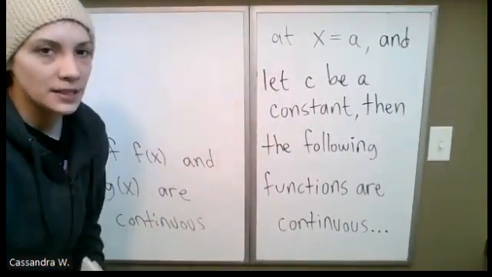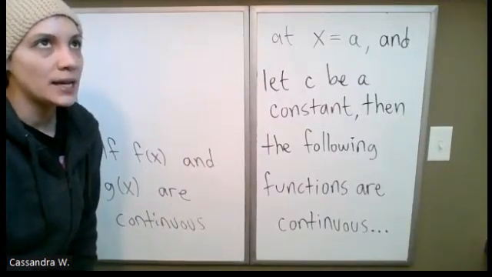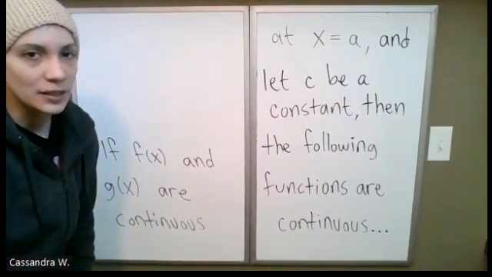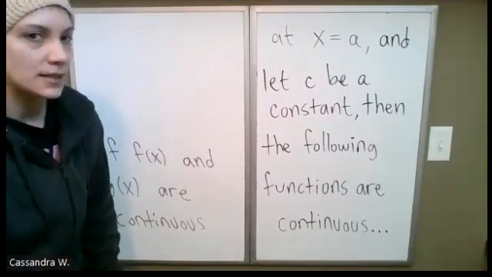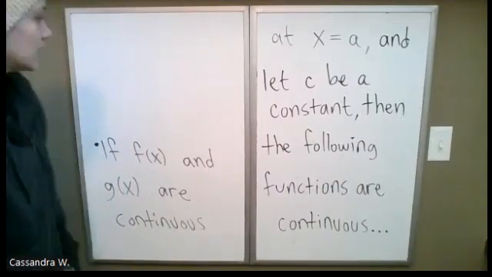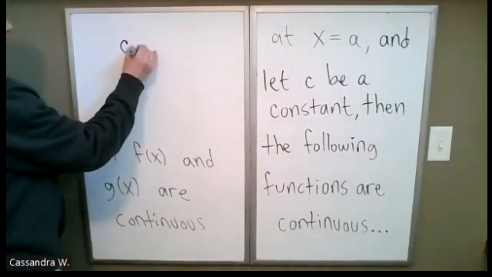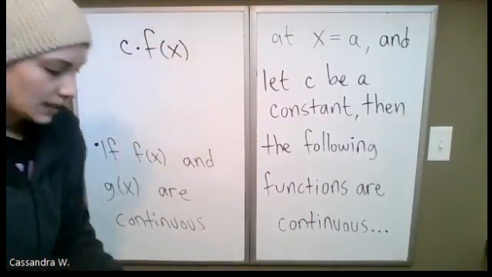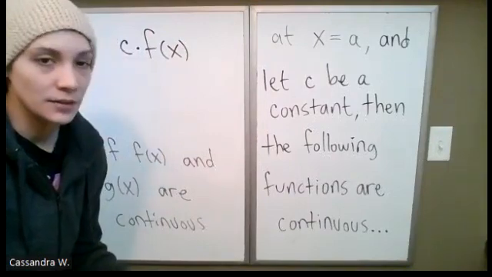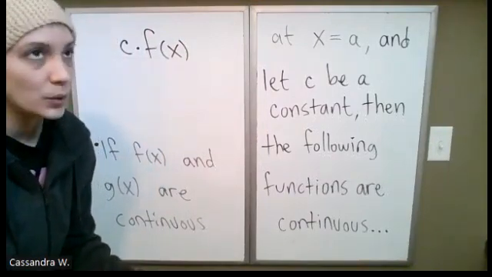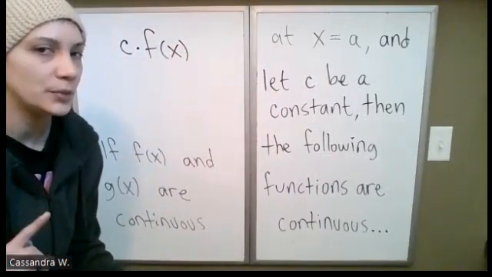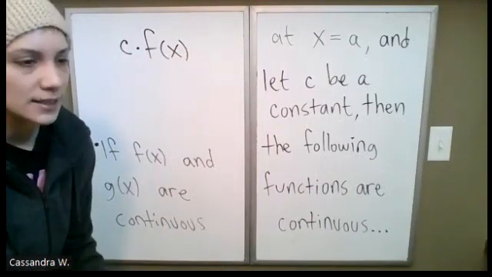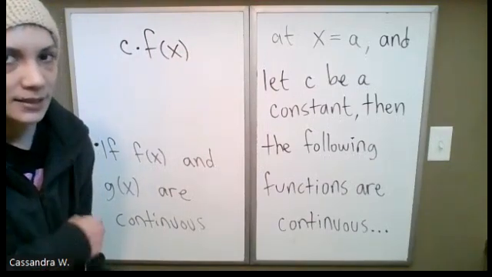So f is continuous. If you multiply that by a number, it's still continuous. So c times f of x is continuous. If you take a continuous function and add or subtract it to another continuous function, that would be continuous.